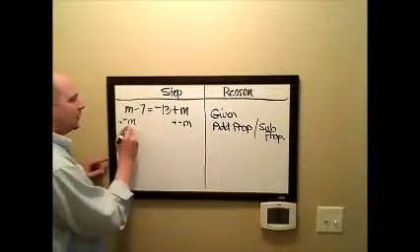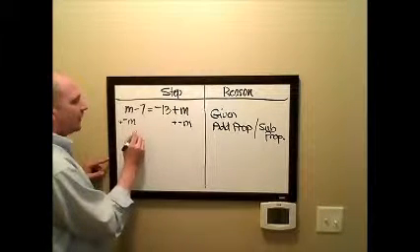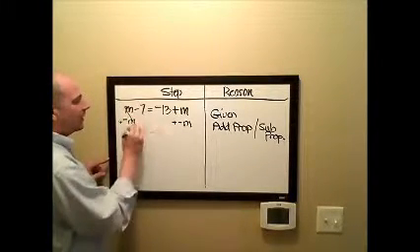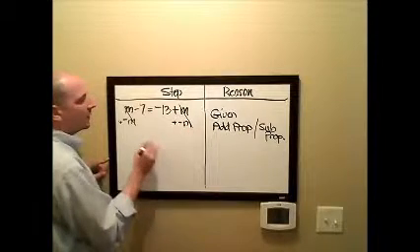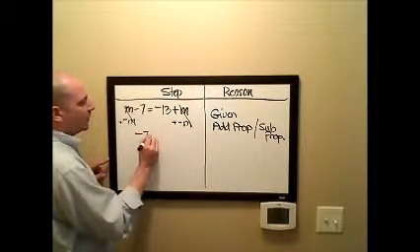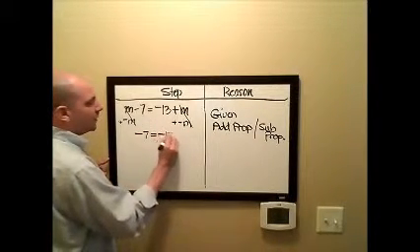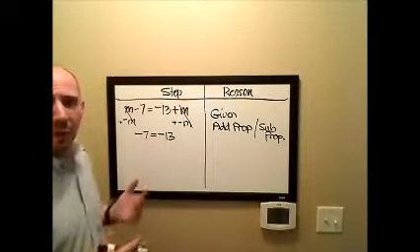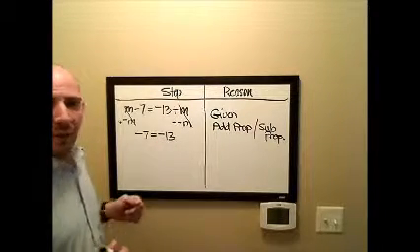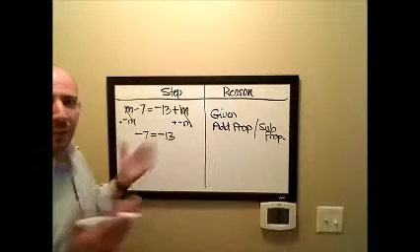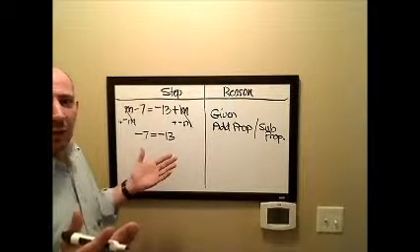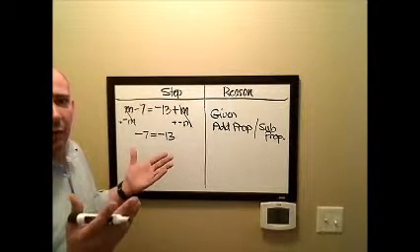Okay, so take a look. I'm going to subtract m from both sides, and these are going to cancel on both sides this time, leaving me with negative 7 is equal to negative 13. The opposite of 7 is equal to the opposite of 13. Okay, so what do we do? Is that a true statement? Well, no, obviously it's not a true statement.